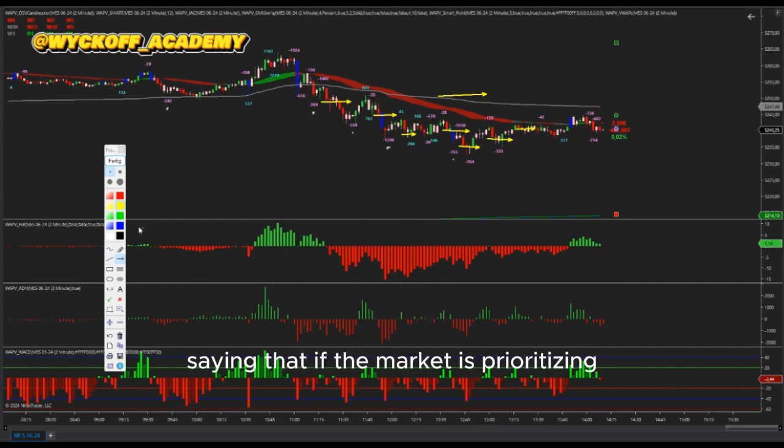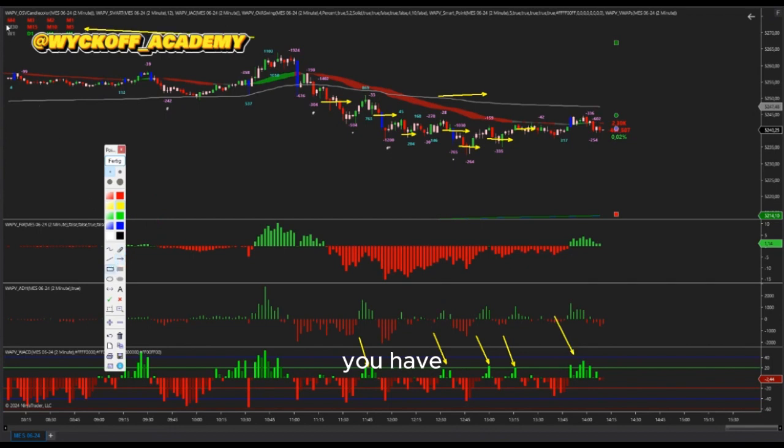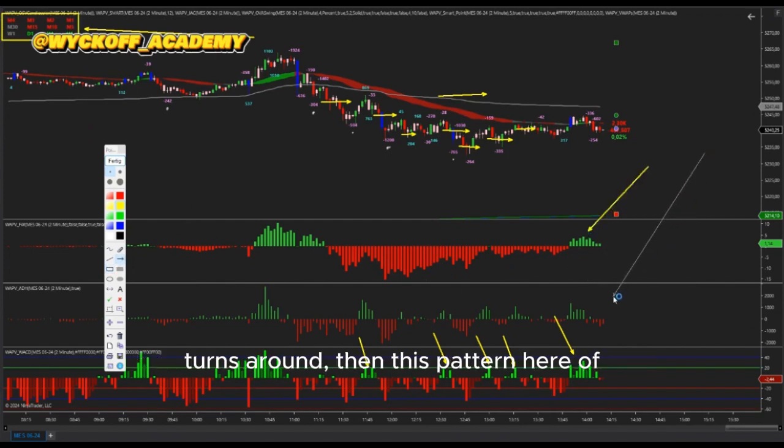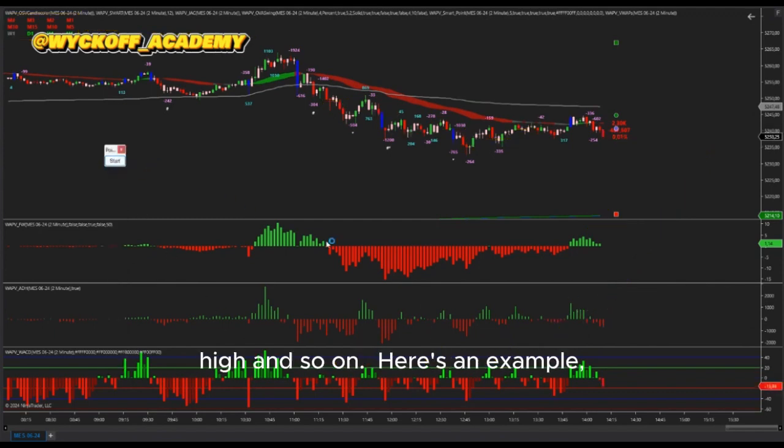Saying that if the market is prioritizing the fall at first, these highs here are fine until it shows the opposite, so you have smart to show you that, then you have the market turning like a force, everything turns around, then this pattern here of falling, you will have a high and so on.